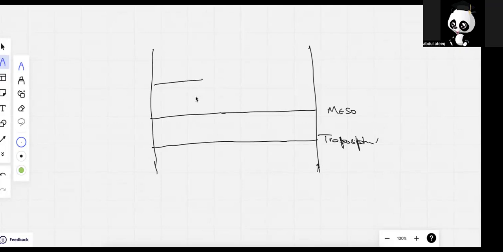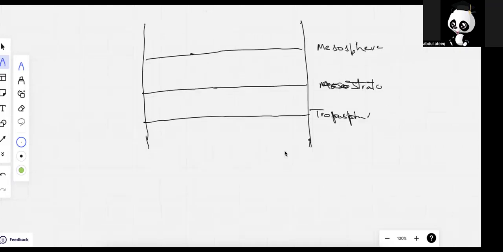Then, sorry, this should be the stratosphere. Then we will go for the mesosphere. उसके ऊपर हो गया thermosphere. So how are we dividing this? Based on the temperature. In the troposphere, the temperature will keep on decreasing like this.